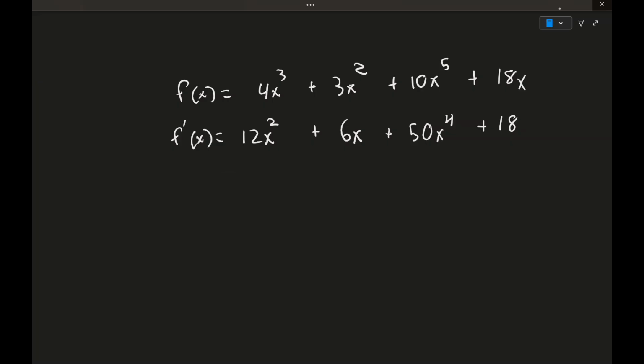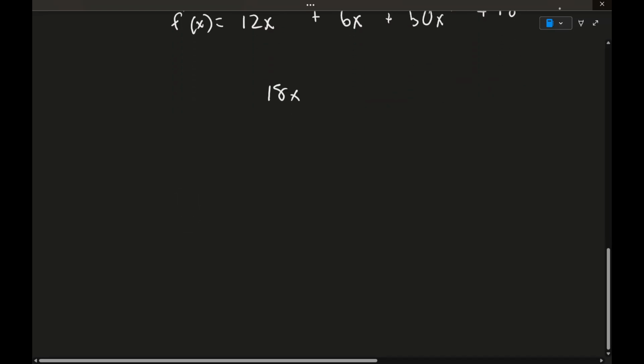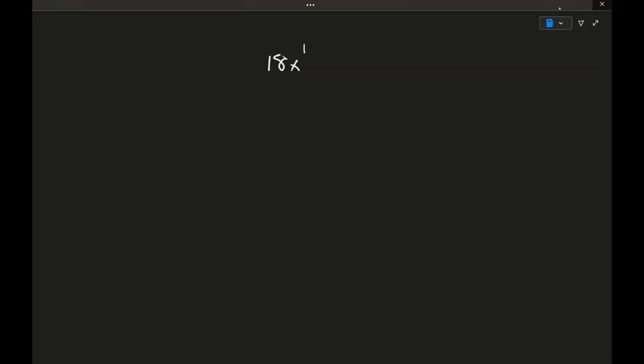And let's talk about this. So 18x doesn't really, well, it does have a power to the first power. So if we really do our whole power rule, we're going to get 1 times 18 for our leading coefficient times x to the 0 power.